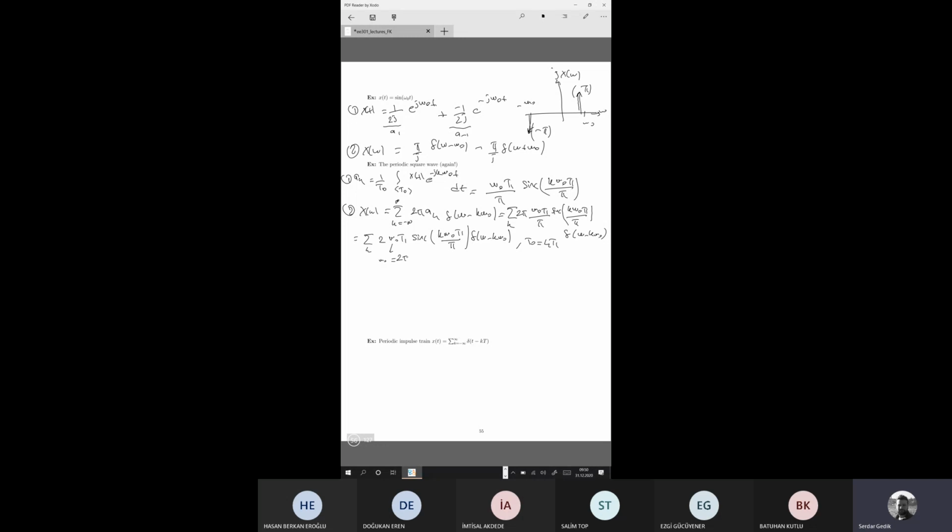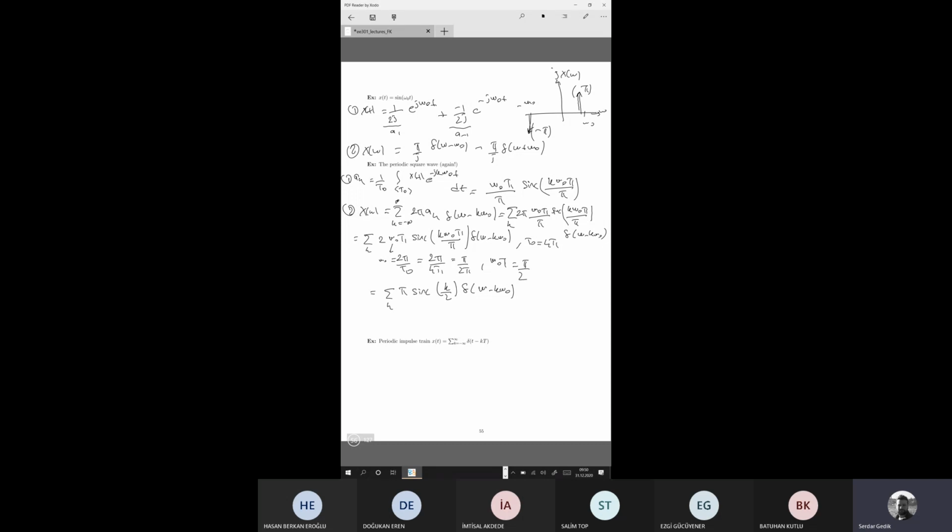Omega 0 is 2 pi over t0, which is 2 pi over 4t1, which is actually pi over 2t1. Then omega 0 t1 is nothing but pi over 2. So what I have is summation k pi times sinc k over 2 impulse omega minus k omega 0. So this is the Fourier transform for my periodic square wave.